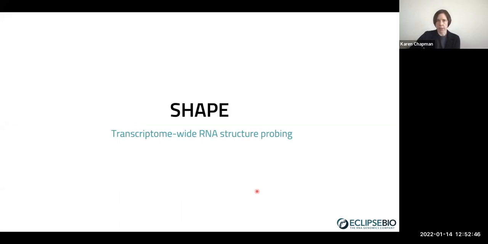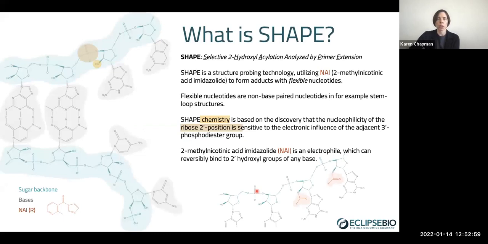Okay, and I'm going to just finally, if I have time, take you through CHAPE, which is a methodology that is used to probe RNA structure. This is a technology that's been around for a while, and so there are multiple papers in the literature describing CHAPE.